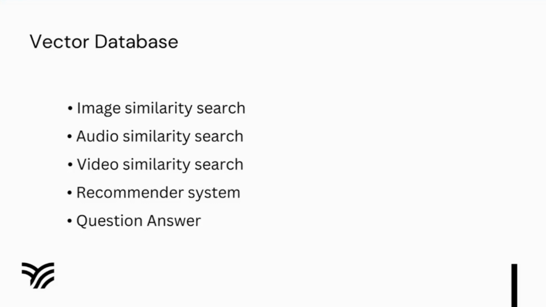In the question answering use case, we store the questions plus answers in the vector database, and according to the input question, we fetch the related question from the vector database and present the final answer to the user. In this workshop, we will explore the question answering use case more.